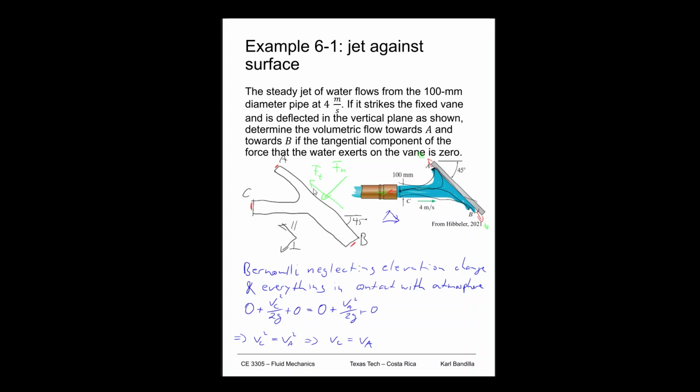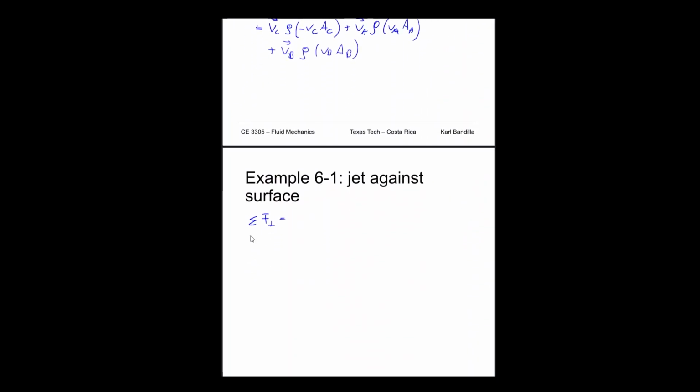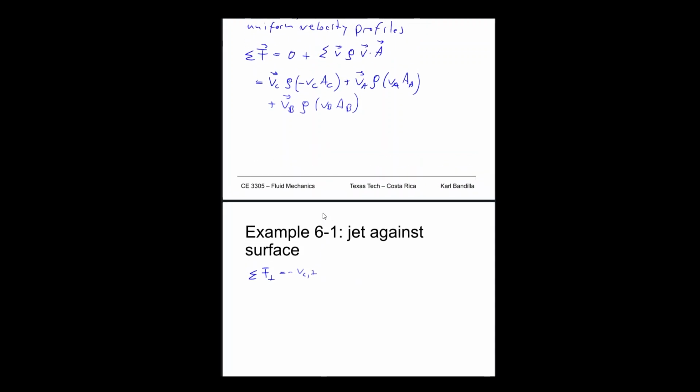So it's going to be negative. So it's minus VC perpendicular, and then we said it is minus VC AC.